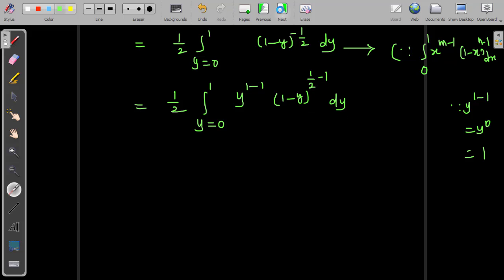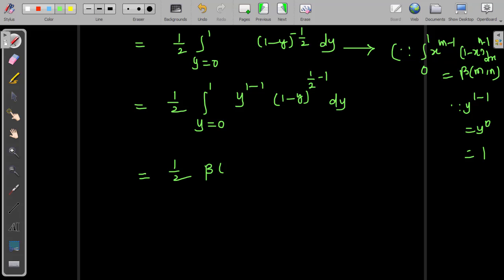The next step, this is equal to half times, I can directly write, beta of m comma n, because this definite integral's total result is beta of m comma n as per the definition of the beta function.